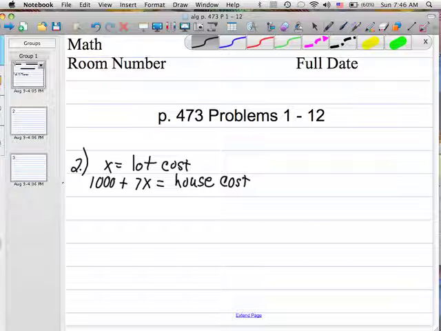And together they cost more than $89,000. So the lot plus the house is more than, that's greater than, $89,000.